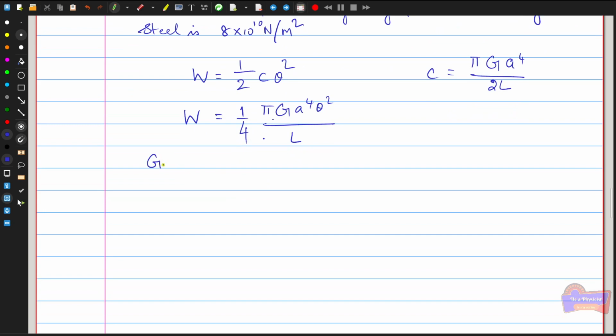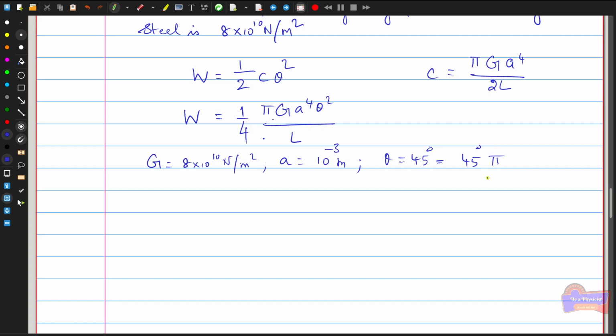The given values are: G is equal to 8 into 10 power 10 Newton per meter square, and a is 10 power minus 3 meters. Theta is given as 45 degrees, which we convert into radians: 45 degrees times pi divided by 180, which is pi divided by 4.